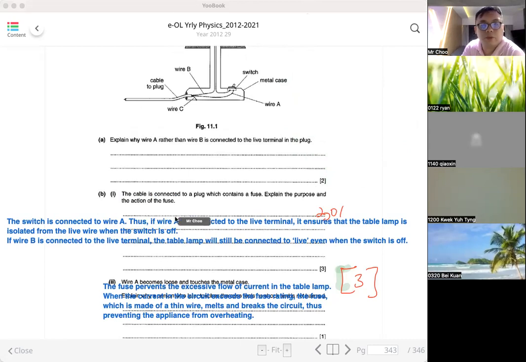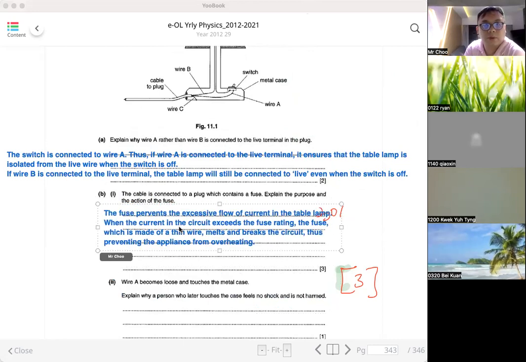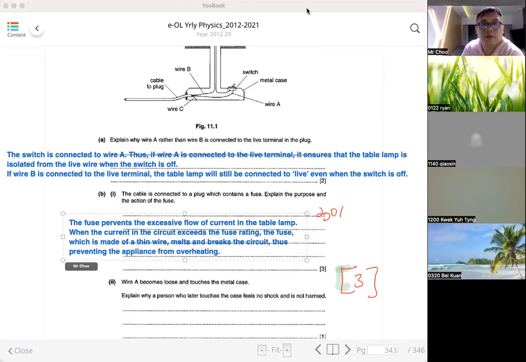Okay, everybody do part 2 now. For part 2, it is a lesser mark. It's just 1 mark. So can you all do it now? Okay, for part 2.